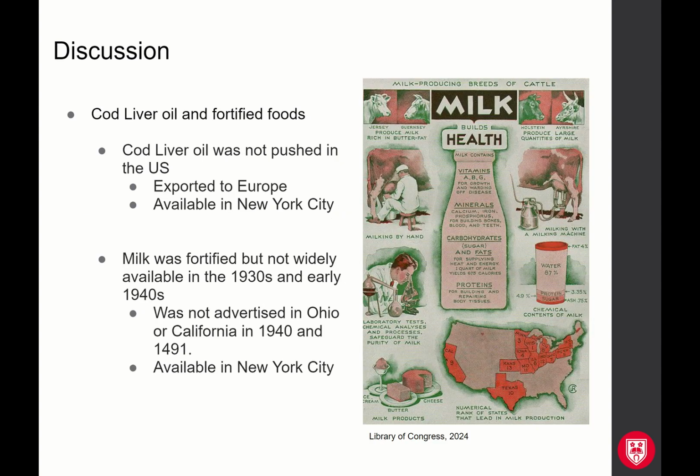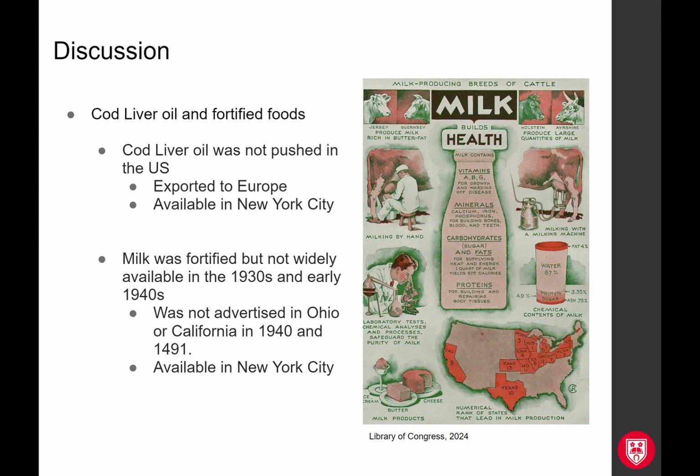The next thing I considered when looking at my results that could affect my interpretations would be the presence of cod liver oil and fortified foods. So cod liver oil was a big thing in England during the wars to help prevent rickets. We know that cod liver oil is a really good source of vitamin D, but it was not pushed in the United States.